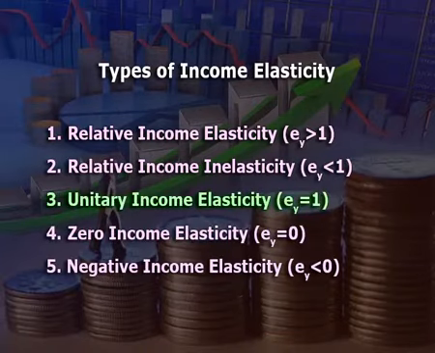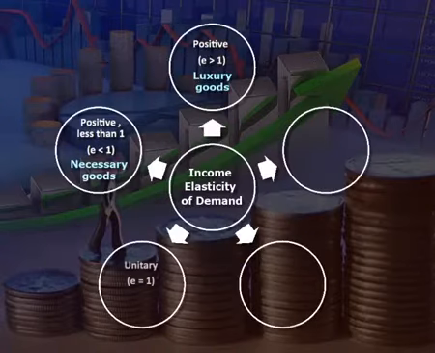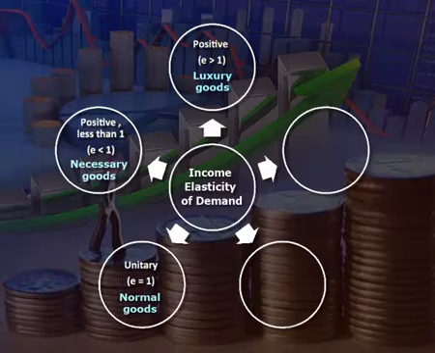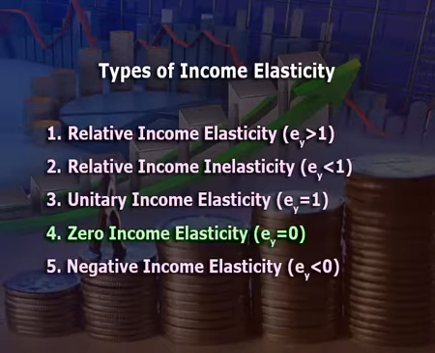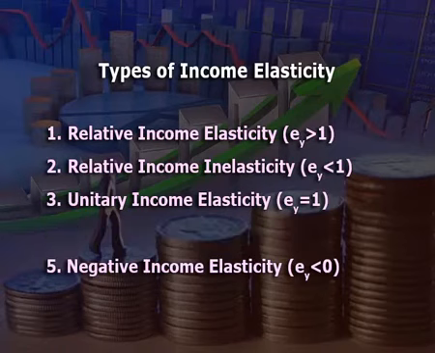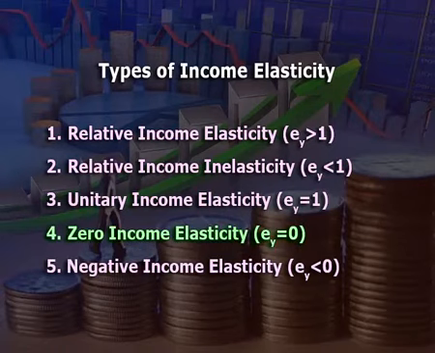Third is unitary income elasticity, that is EY is equal to 1. An increase in income leads to a proportionate increase in quantity demanded, generally the case with normal goods. Fourth is zero income elasticity, which means EY is equal to 0.